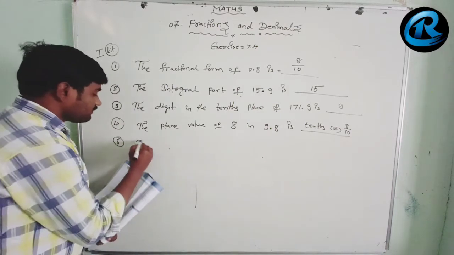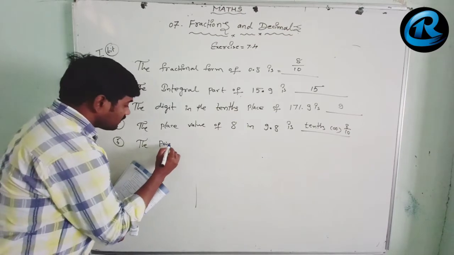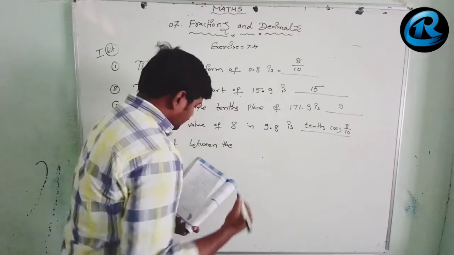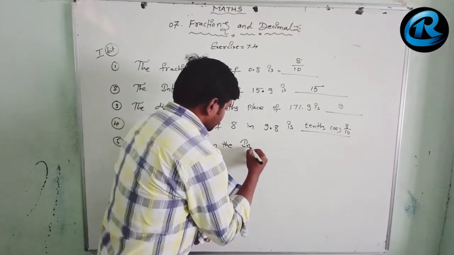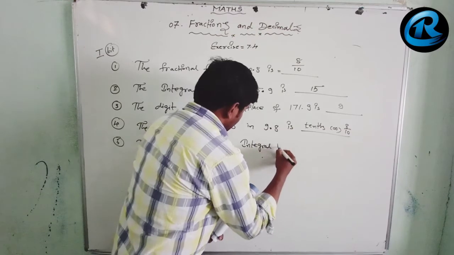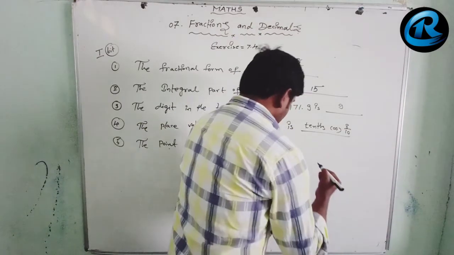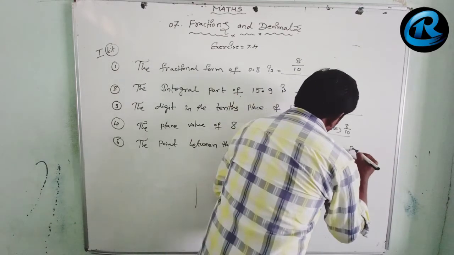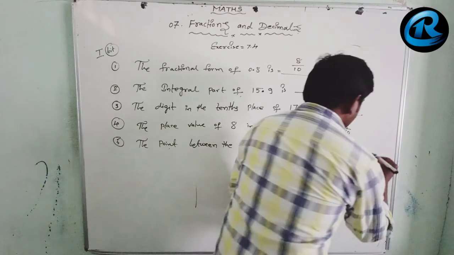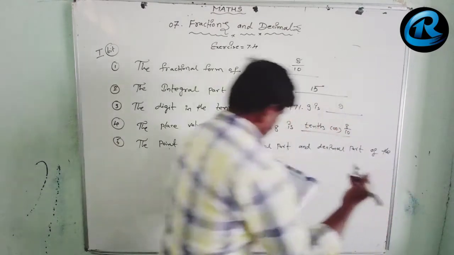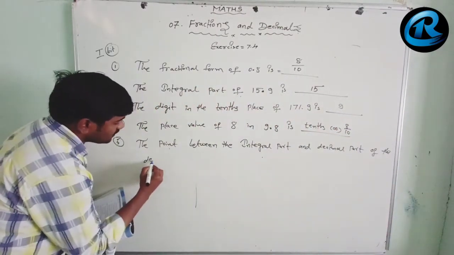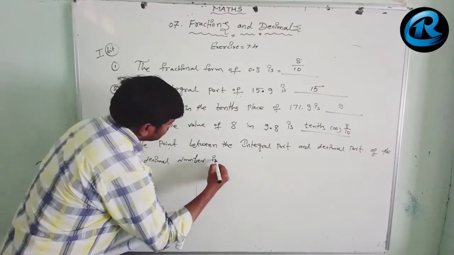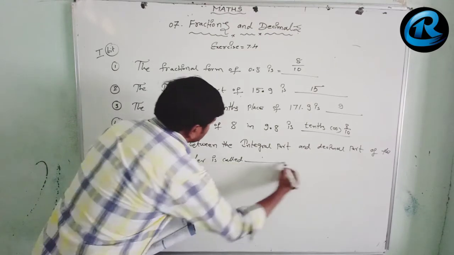The point between the integral part and decimal part of the decimal number is called dash.